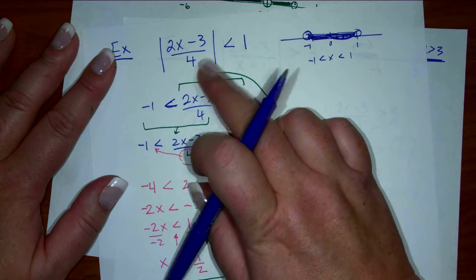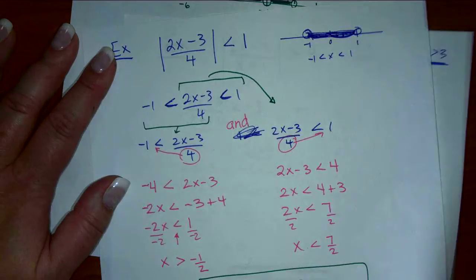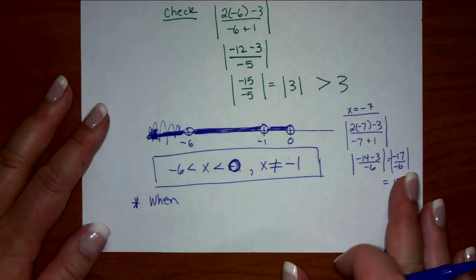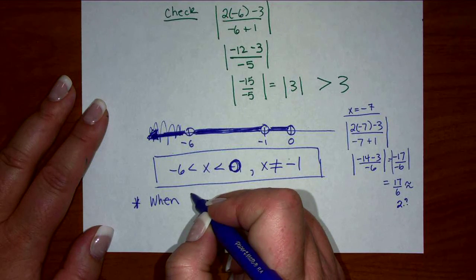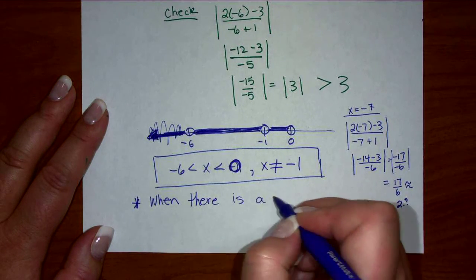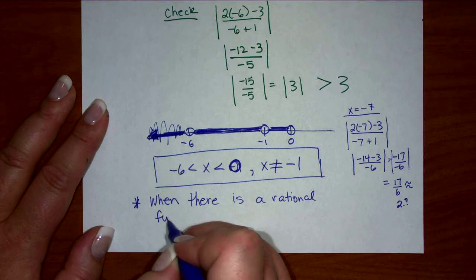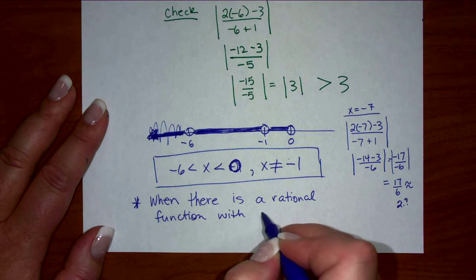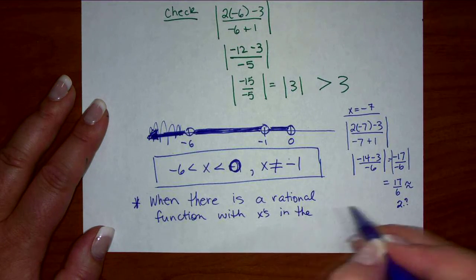This had no problems in it. When does it become something different? Yeah, when there is a rational function, that means fraction, with x's in the denominator.